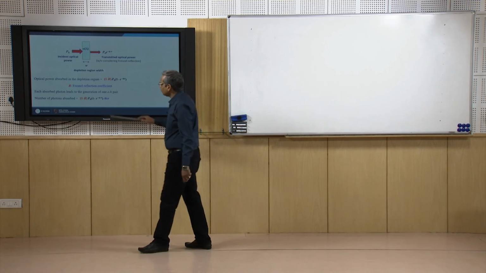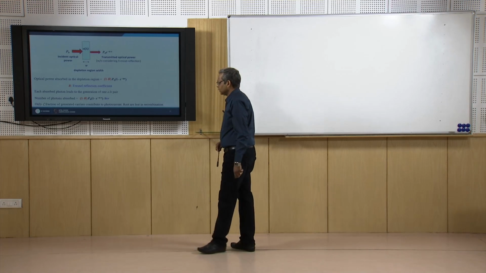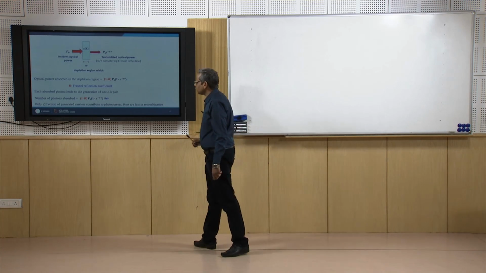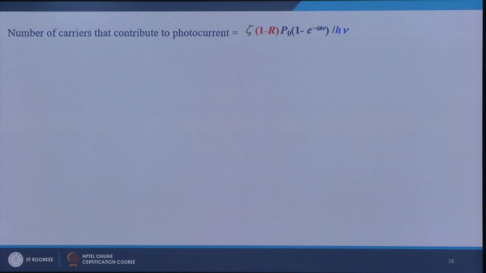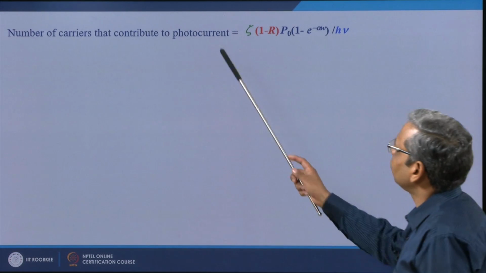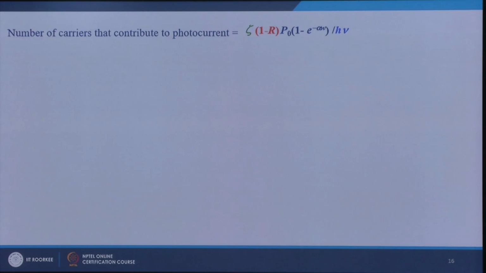and each of these photons will generate electron hole pairs, and if only zeta fraction of generated carriers contribute to photocurrent, then the number of carriers that contribute to photocurrent would be zeta times this. Again, this is per second.